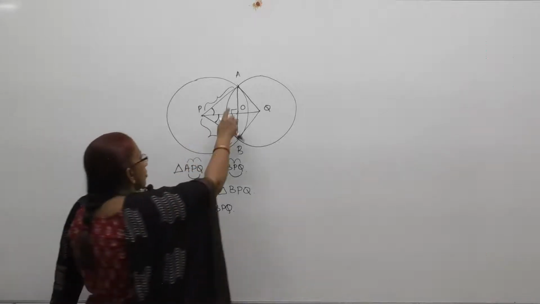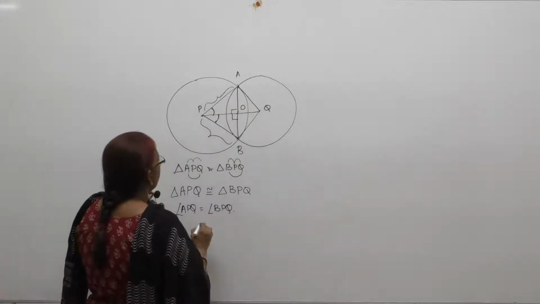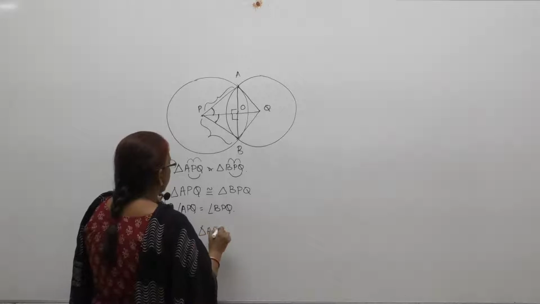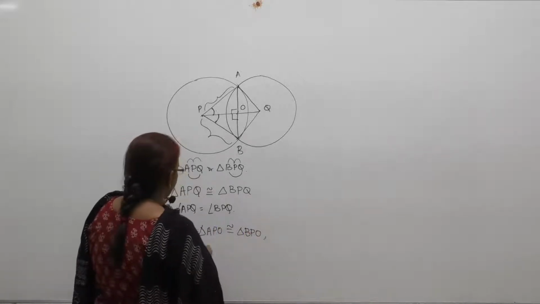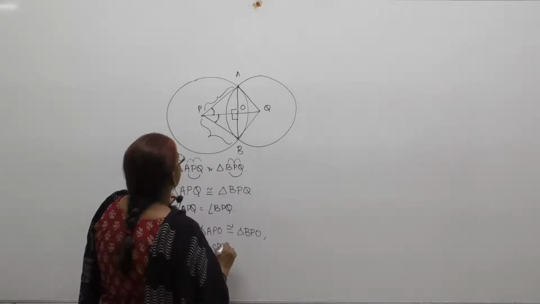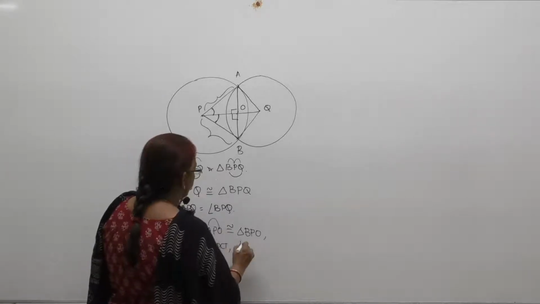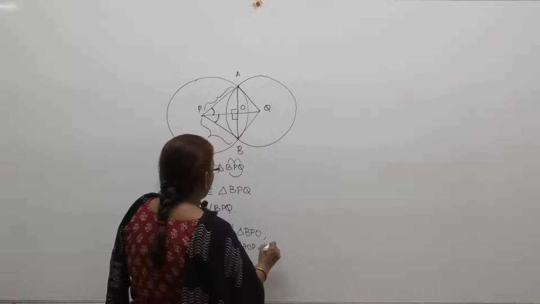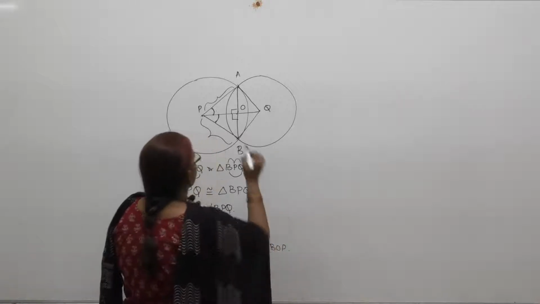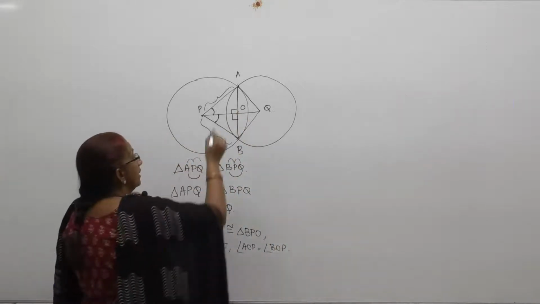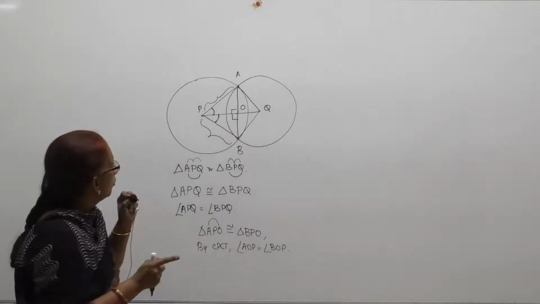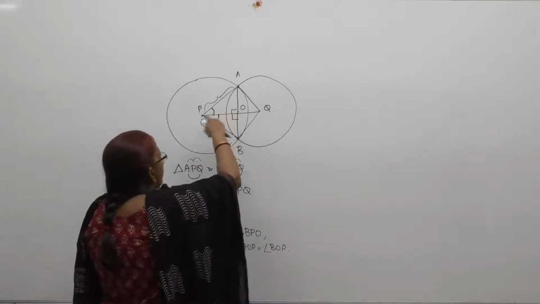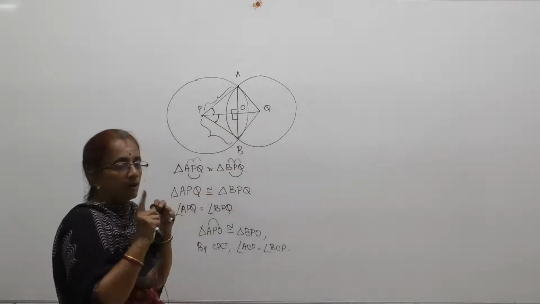So when they become congruent, by CPCT, if triangle APO is congruent to triangle BPO, angle AOP will be equal to angle BOP, right? By CPCT. But then AB is a straight line is known to us, correct? Therefore, angle AOP and angle BOP will add up to 180 degrees.